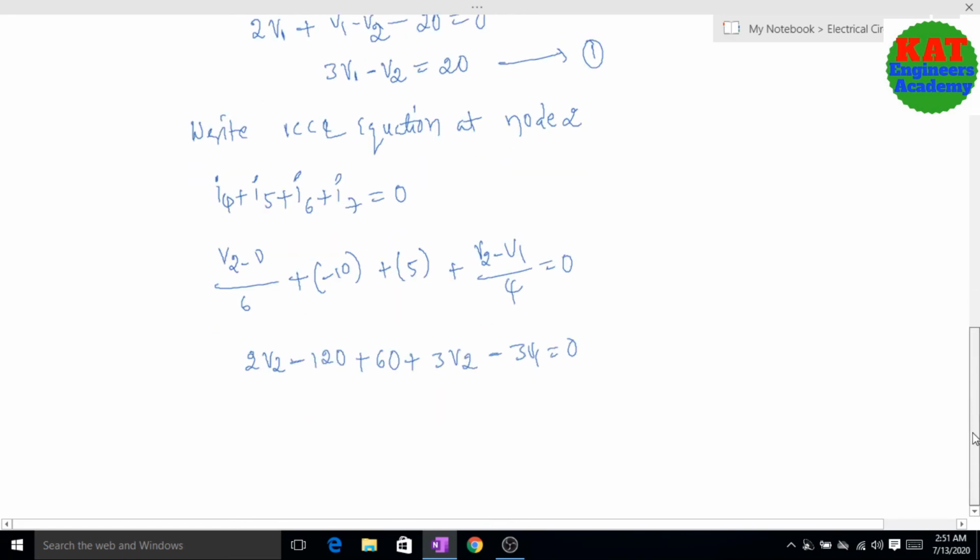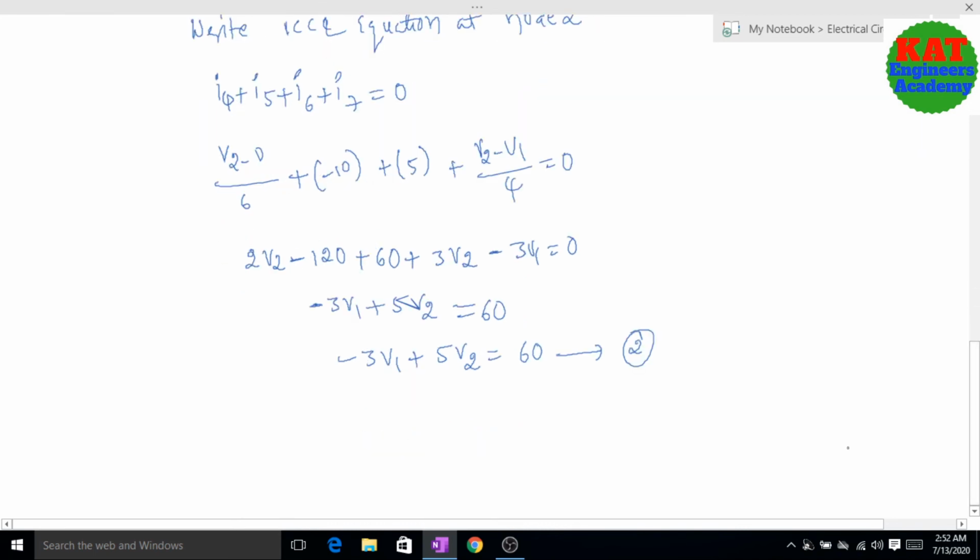By taking the LCM, 6 and 4, it will be 12. So minus 3V1 plus 5V2, minus 120 plus 60, equal to 0. So the final equation is minus 3V1 plus 5V2 equal to 60. Now you can consider this as the second equation. So step 3 is over. In step 3 we write the KCL equation at the non-reference nodes, that is at the first node and second node.